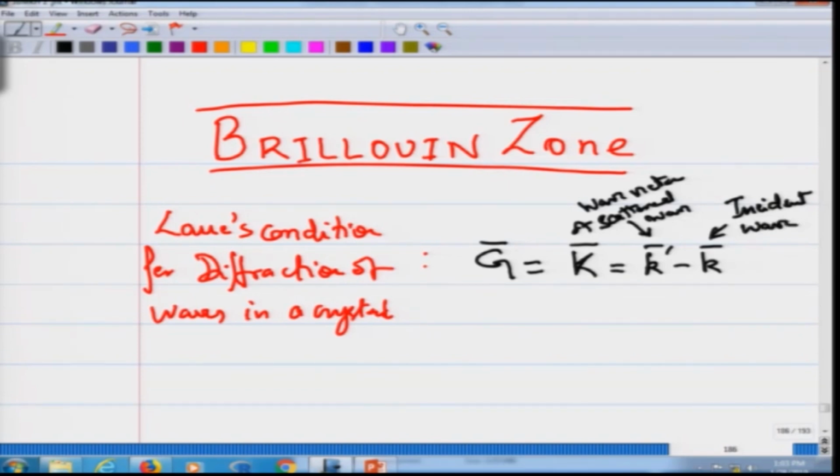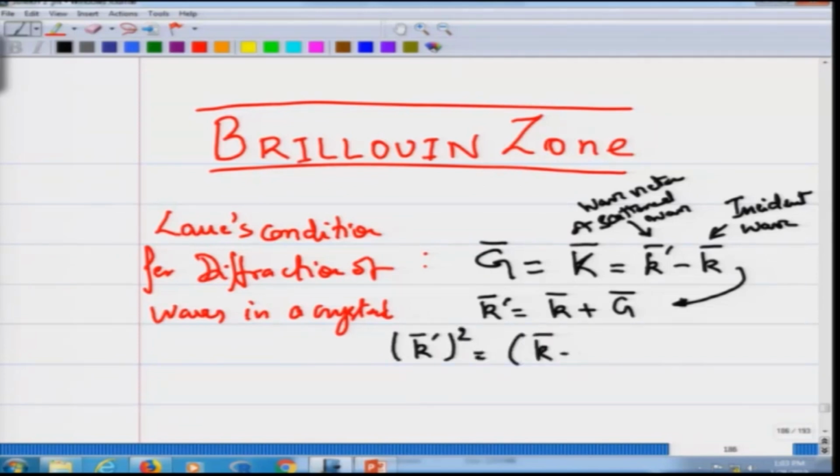And so, I can rewrite this expression as k prime is equal to k plus G. If I take the magnitude of both sides, then I will get k prime squared is equal to k plus G dot k plus G.